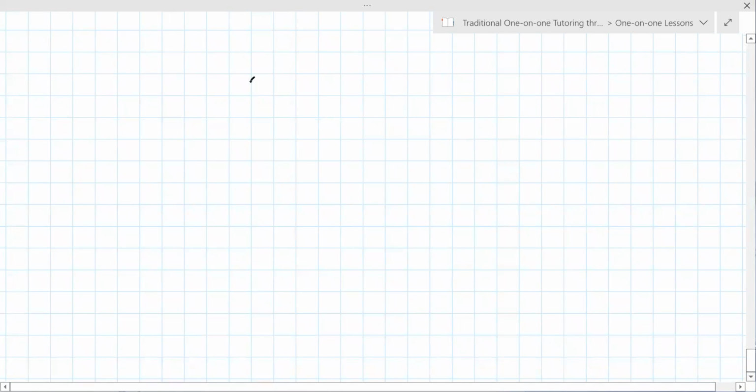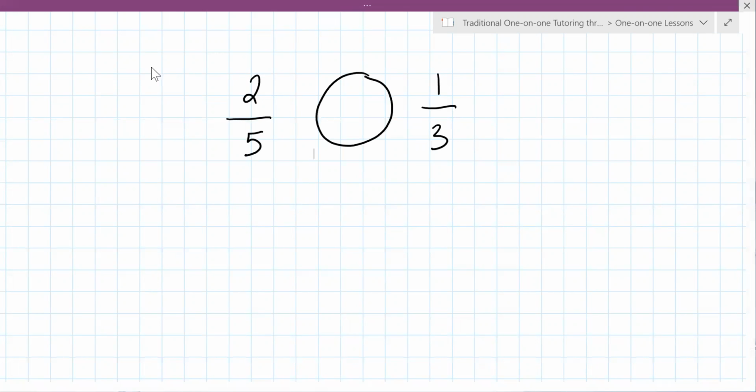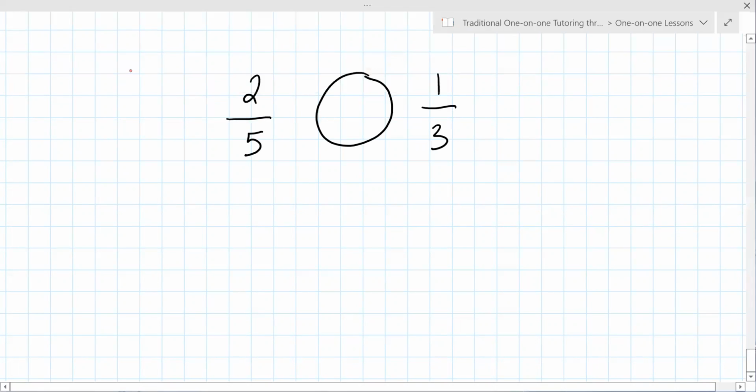2/5 and 1/3. Do you see that the 5 and the 3 are not the same here? And there's no way to make the 3 into the 5. Okay, so here's what you're going to do.